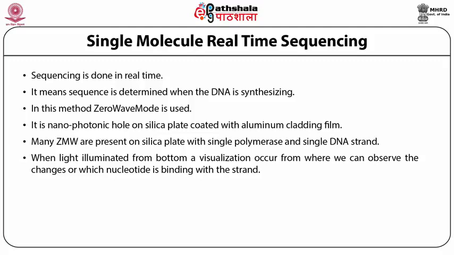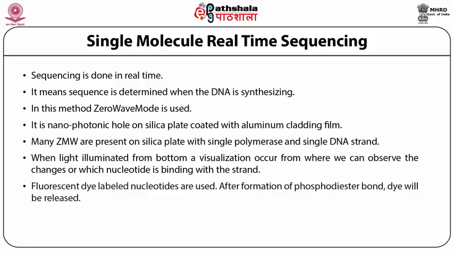So the reaction will occur only when the polymerase binds a particular nucleotide at the bottom. Fluorescent dye labeled nucleotides are used, and after formation of the phosphodiester bond, the dye will be released. So here we can see this method is also based on reversible dye terminators. This dye will give a signal which is detected by a detector.